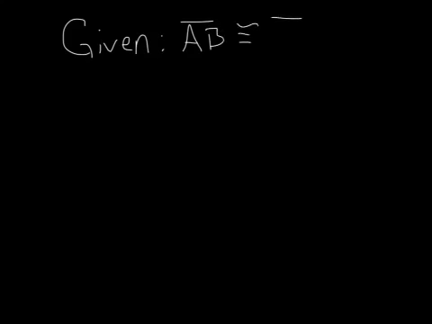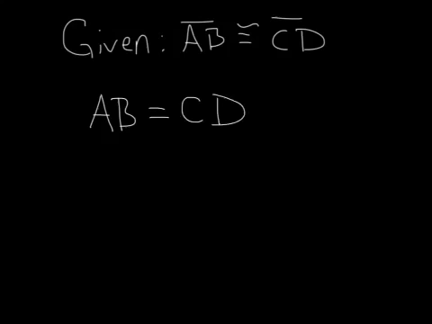All right, let's say we were given that AB was congruent to CD, and whenever we use the definition of something to make another statement, that's our reason. We say it's the definition of, and whatever word gave us that information that lets us say that. So here, if we wanted to say AB is congruent to CD, we can also say the distance AB is equal to the distance CD.